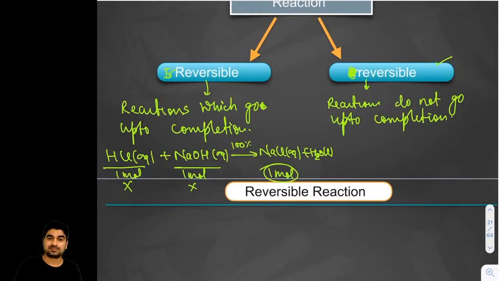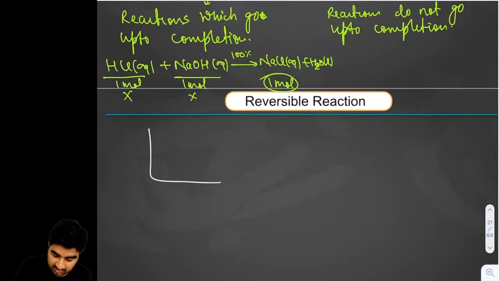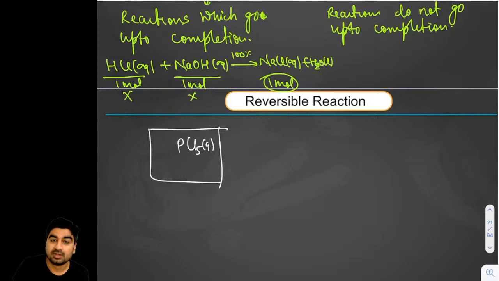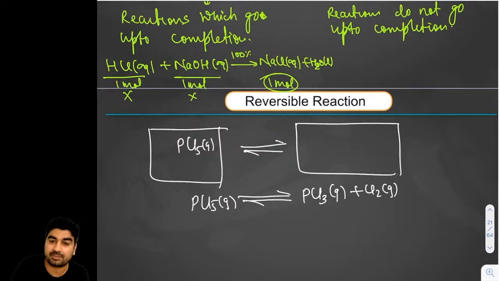For example, why do they not go up to completion? Let me take one example, guys. Suppose here I'm taking PCl5 gas. Once your PCl5 gas is decomposed, it will give you PCl3 gas and Cl2 gas. So when equilibrium is reached in your container, you will have a mixture of PCl5, PCl3 and Cl2.